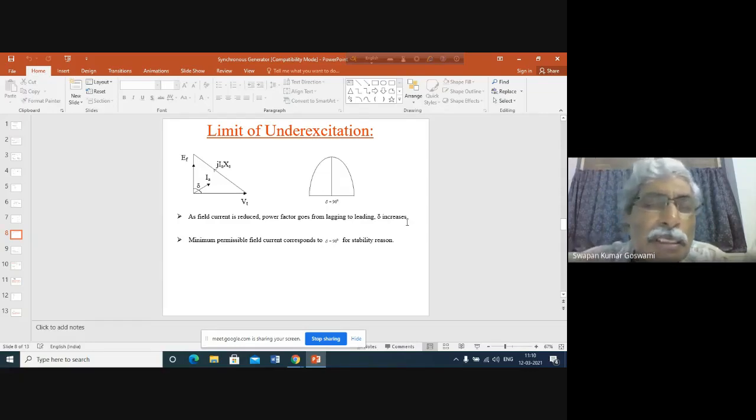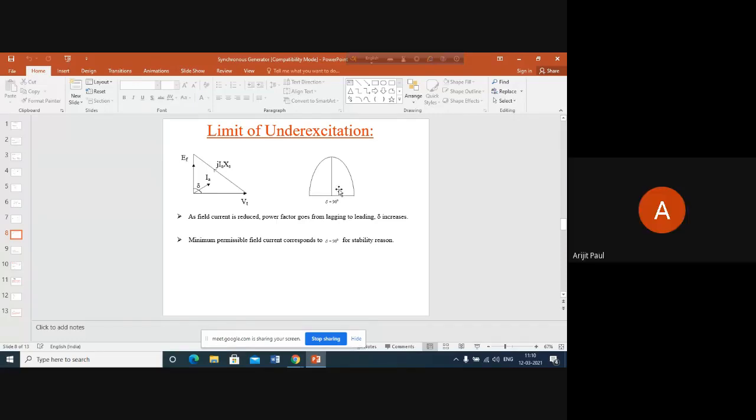Particularly at the high voltage part of the network, you will not be able to identify which part is the sending end and which part is the receiving end, because the network is interconnected. Generators are connected everywhere at every power station. So then what will happen?